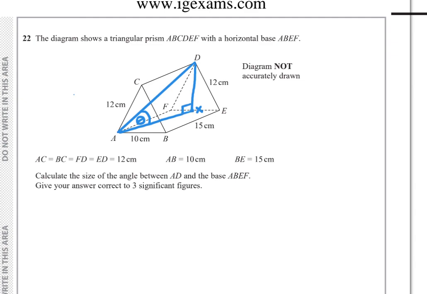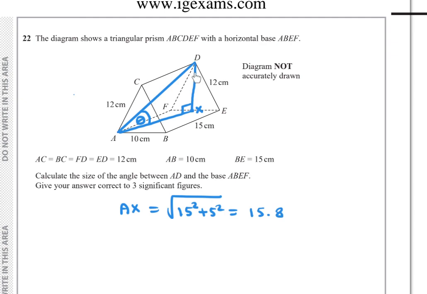So AX equals square root 15 square plus 5 square. 15 because if this is 15, this also 15. And because this is 10, so FE is 10, so FX is 5. And AX is the hypotenuse in this right angle triangle. So AX equals square root of 15 square plus 5 square, equals 15.8 to 1 decimal.